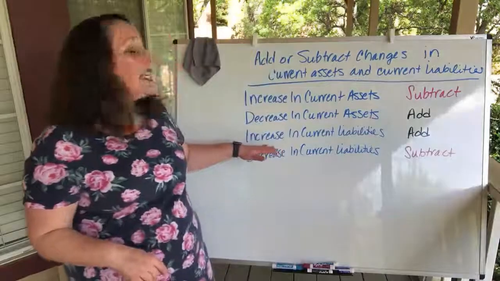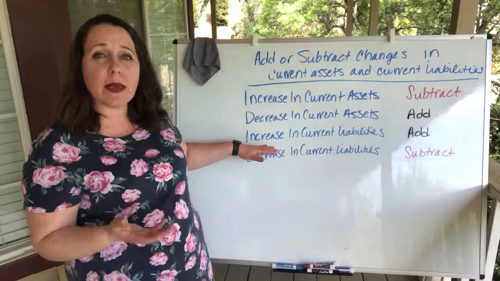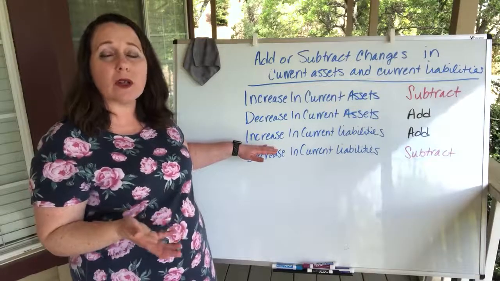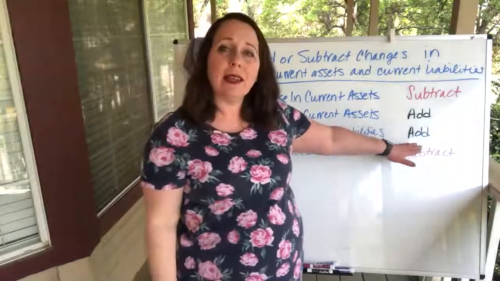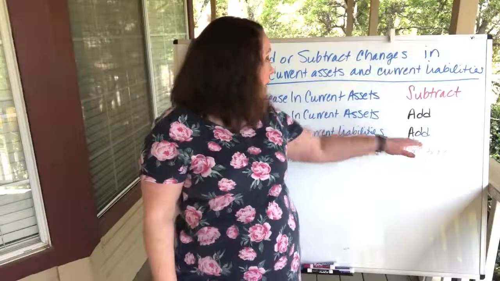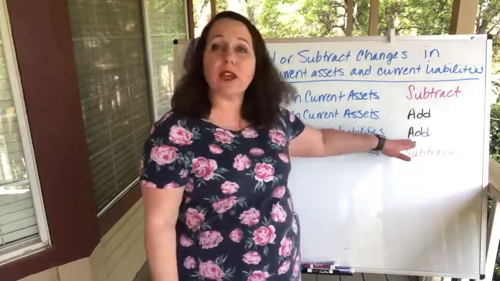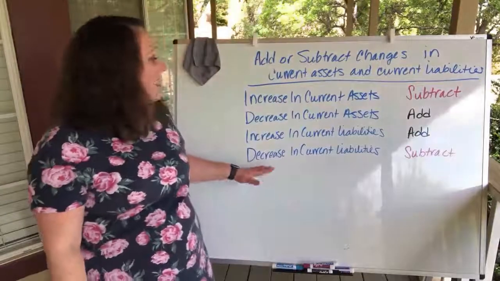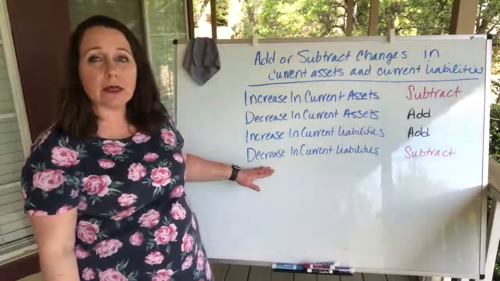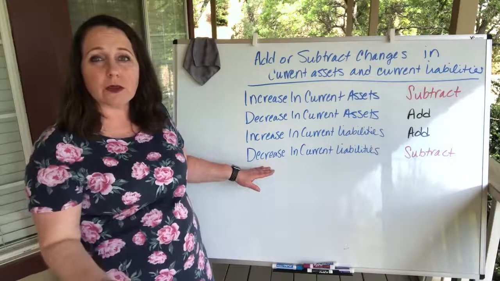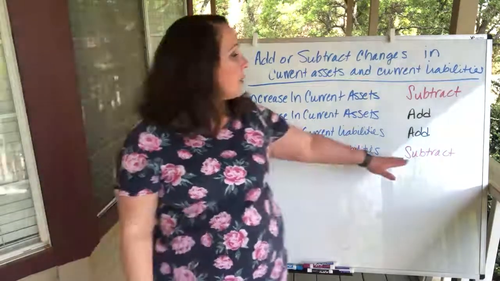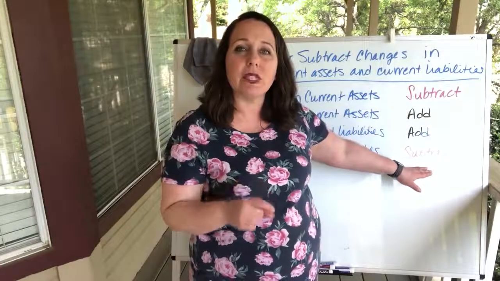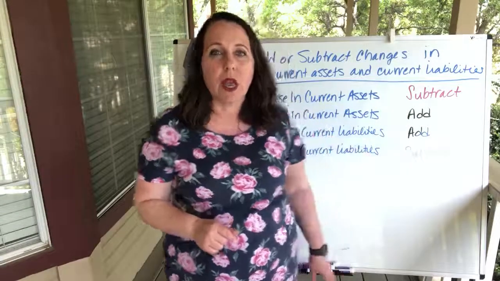If we have an increase in our current liabilities, accounts payable increases, then we are going to add that to our statement of cash flows. And if we have a decrease in current liabilities, let's say accounts payable decreases, then we are going to subtract the amount of the decrease from our statement of cash flows.